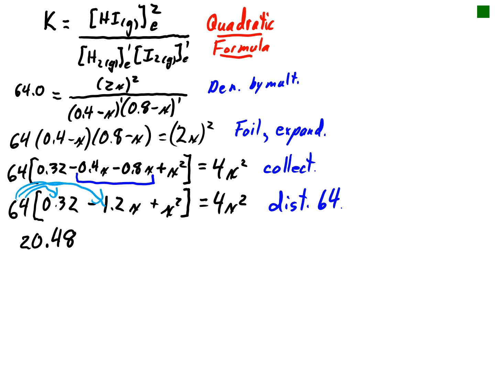Then the last one, I'm going to go all the way over here and do that one. So next one is 64 times negative 1.2. That's going to be negative 76.8x. The last one's easy. It's going to be positive 64x. And that all equals 4x squared.